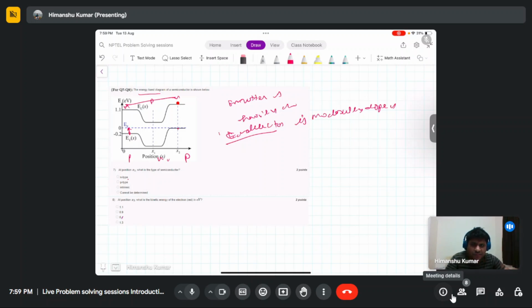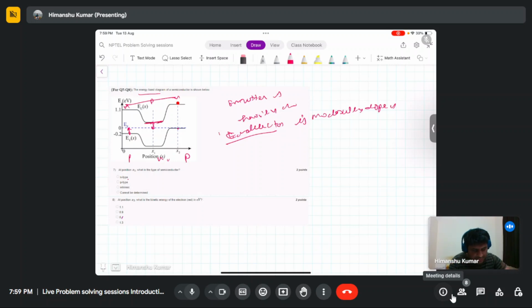The emitter is heavily doped, so the Fermi level lies very near the band edge, and in the collector case it lies a bit farther away. The base region is n type, so the Fermi level lies closer to the conduction band. So this is the example of a PNP type transistor.